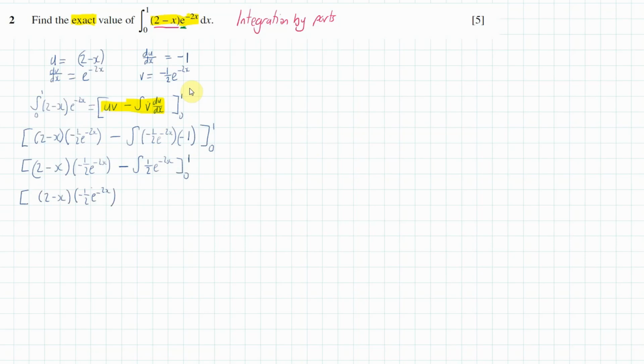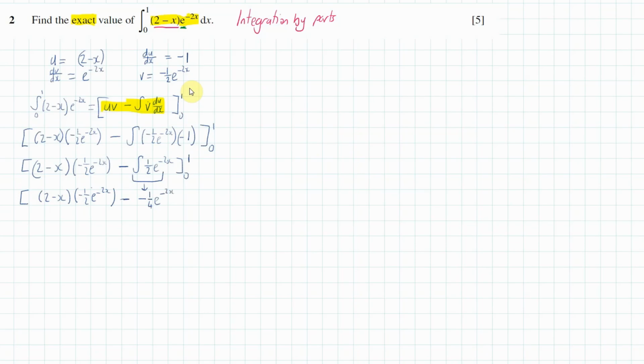Now we will integrate this 1/2 e to the minus 2x. So I'm just now working on this bit here, and I'll pop that down here. So that is going to be, to get that we'd have minus 1/4 e to the minus 2x.